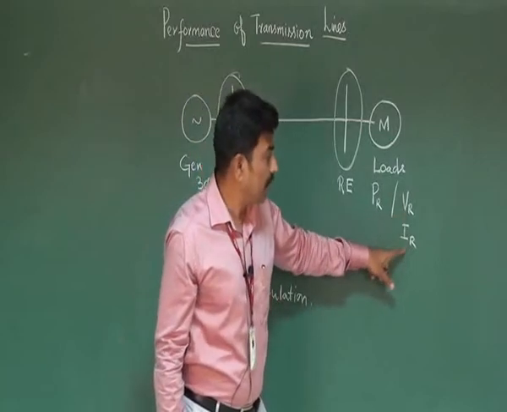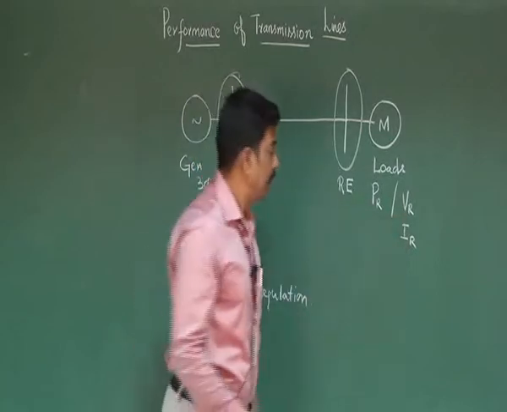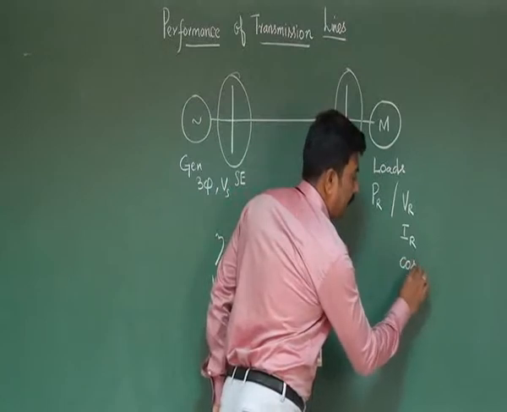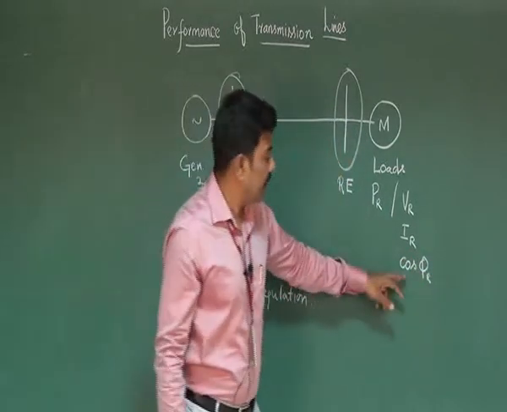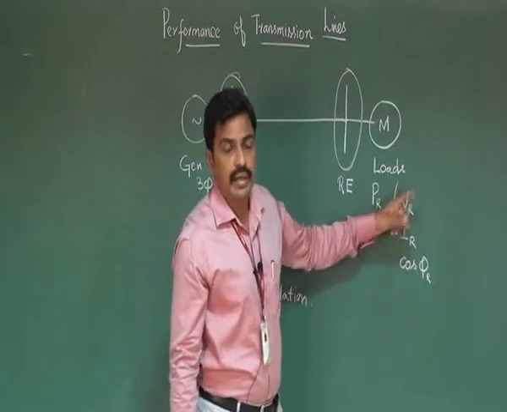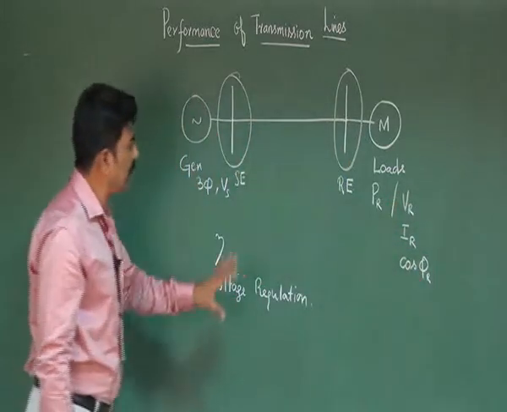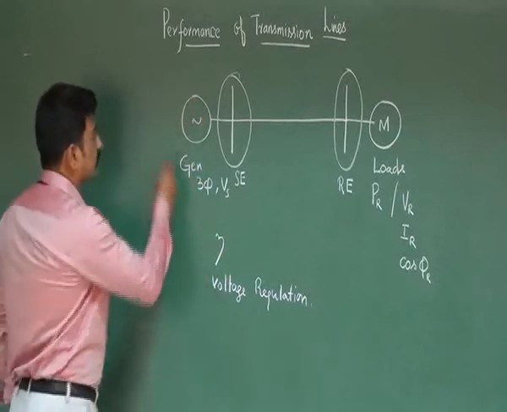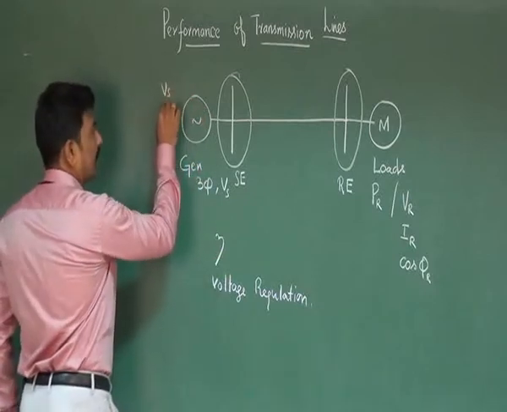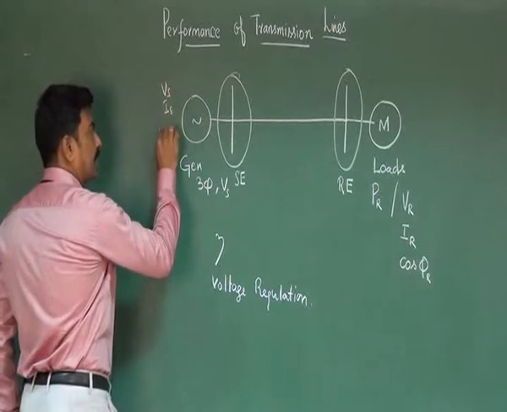If you know both values, you can easily get the receiving end power factor cos phi R, which is the cosine of the angle between VR and IR. Similarly, we can define the sending end parameters: sending end voltage, sending end current, and sending end power factor.